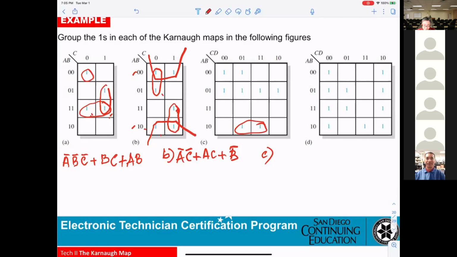C doesn't matter. D. A not B, D. Sorry. You're right. Not B.